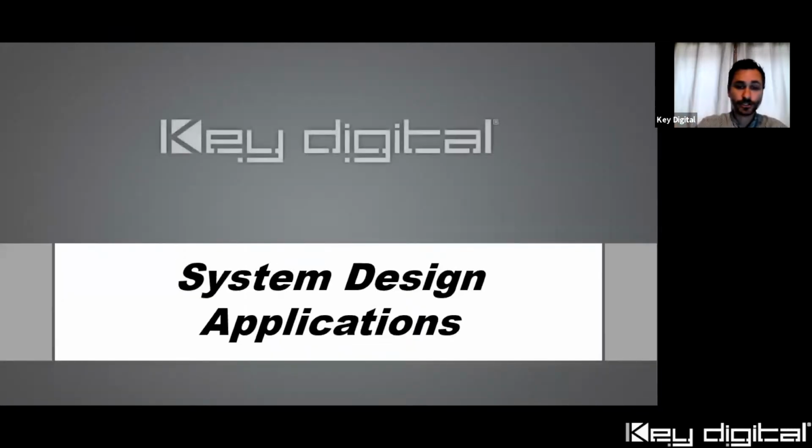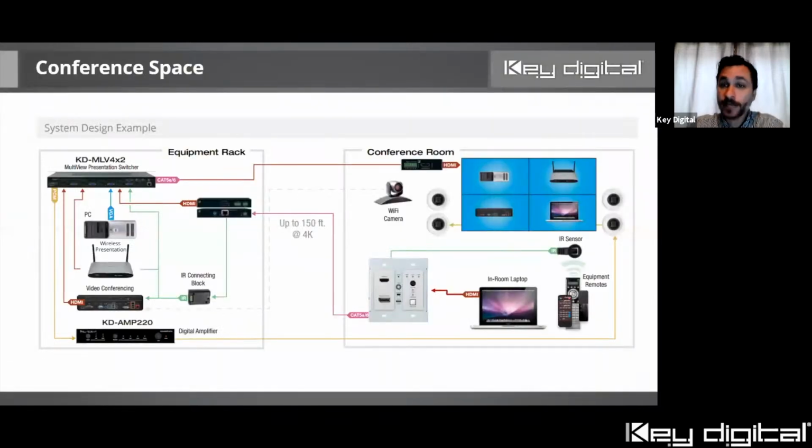So let's go ahead and jump into those system design applications. Again, we initially thought of the conference space applications, for example, where they have a presentation and they're going to have like brainstorming, collaboration. You're going to have multiple people presenting, and you might even have your video conferencing appliance as one of the 4 sources into the multi-viewer.